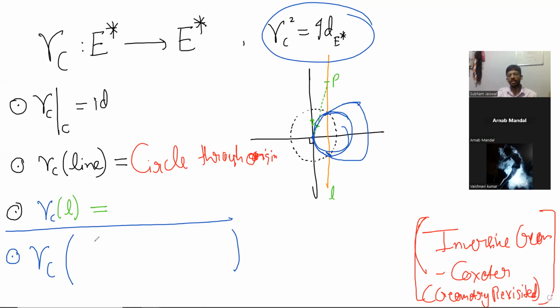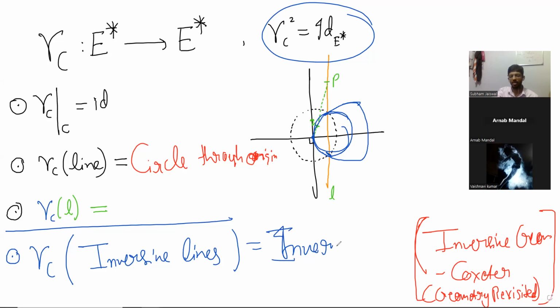So I was looking at that, but now I will just conclude all this by saying that it takes inversive lines to inversive lines. Of course, here I am saying it like a set of sets, but you understand what this means.